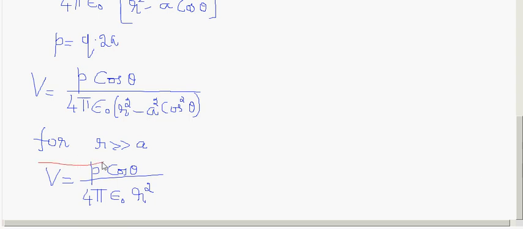So this is the simplified equation for electric potential due to an electric dipole, and it is a special case where r is much greater than a. Otherwise you can use the above equation, but generally this is the case because a dipole is two equal and opposite charges separated by a small distance, so it's generally small compared to r. So this is the expression for the potential due to an electric dipole.